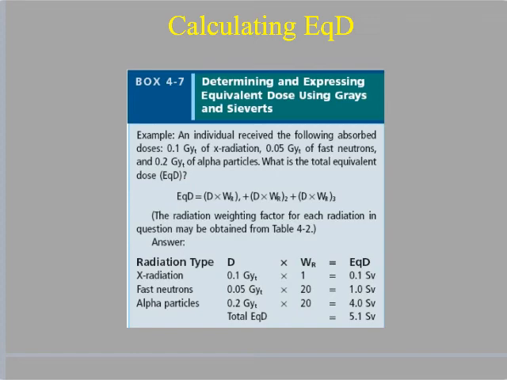So you can see the dose in sieverts is much higher than the dose in gray. This person only got 0.35 gray, but they got 5.1 sieverts. So when we equivalate across all these different sources and we're thinking about the way the alpha particle knocked everything around, the dose went up.